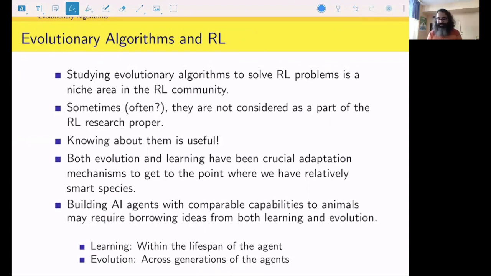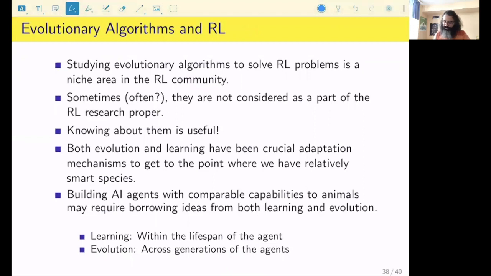And there are papers saying that evolution methods are better than RL methods for solving RL problems, and then vice versa. So we have these fights occasionally.